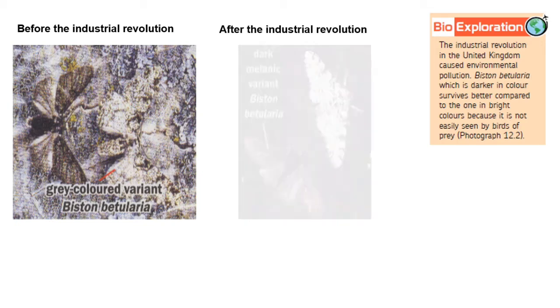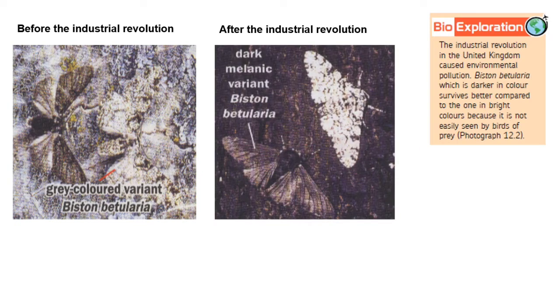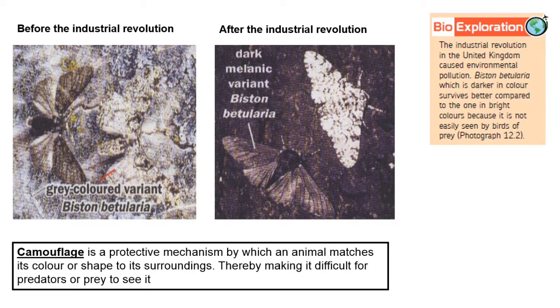After the Industrial Revolution in the United Kingdom, which caused environmental pollution, the Biston betularia which is darker in color survives better compared to the one in bright color because it is not easily seen by birds of prey. So this is called camouflage. It's a protective mechanism by which an animal matches its color or shape to its surrounding, thereby making it difficult for predator or prey to see it.